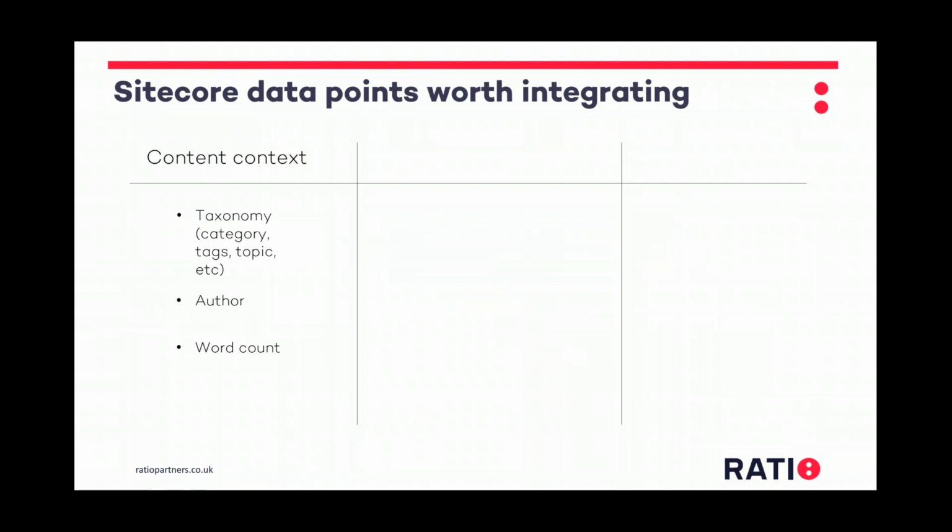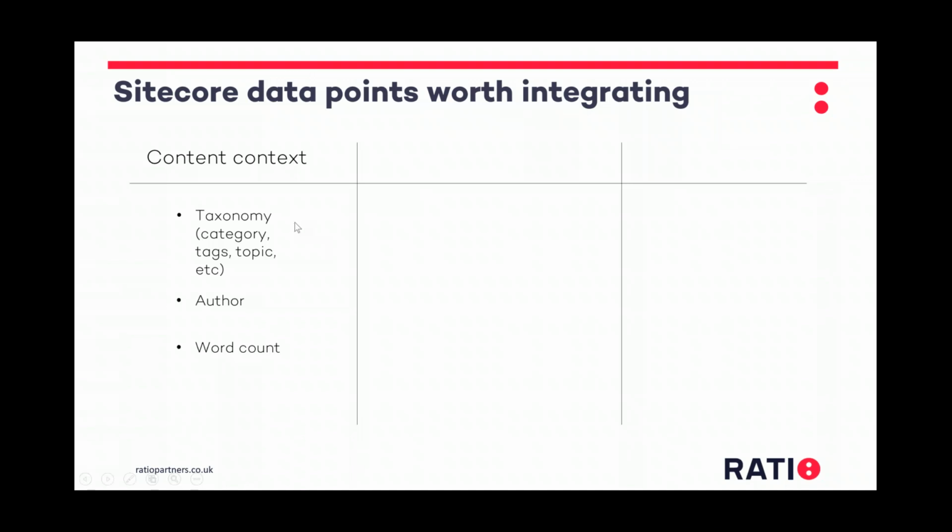So the types of things that we normally look at integrating, as I said, GA doesn't do a great job out of the box of understanding what the content is that a user is seeing. It's typically, as I said, just the page title and the URL that it captures.